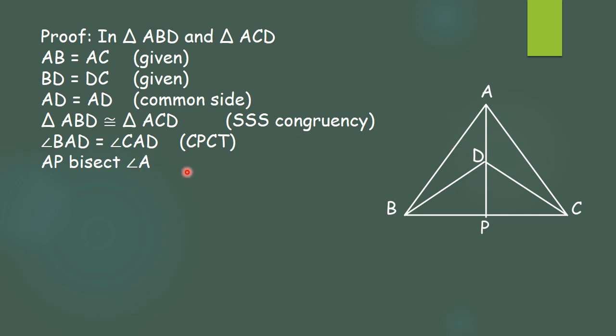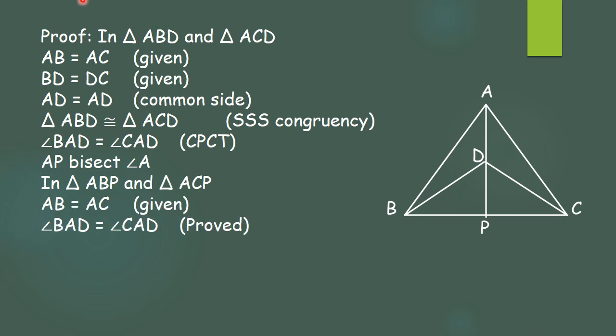Now to prove the second, we will consider triangles ABP and ACP. They have asked to prove these two triangles congruent. Again we require three elements. Which are the three elements? AB is equal to AC, that is given. Next, we have just proved that angle BAD is equal to angle CAD. Correct?